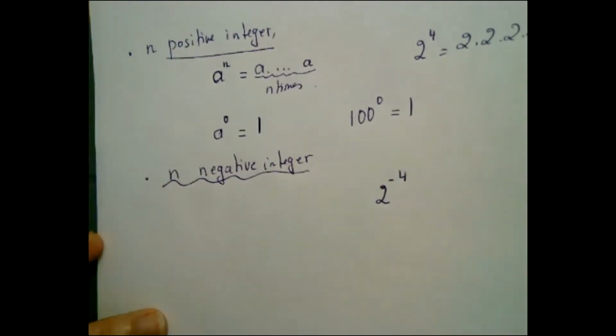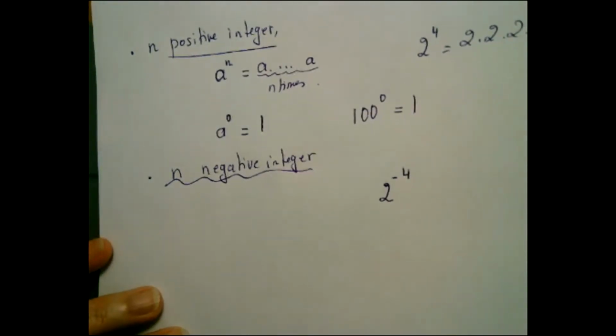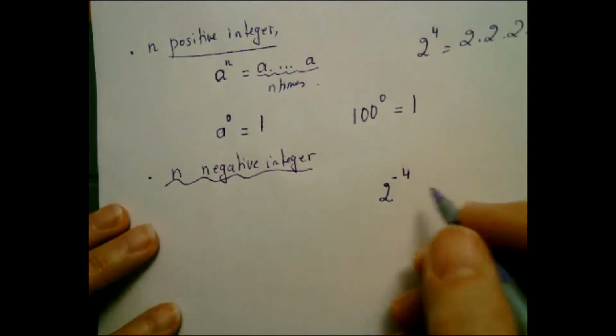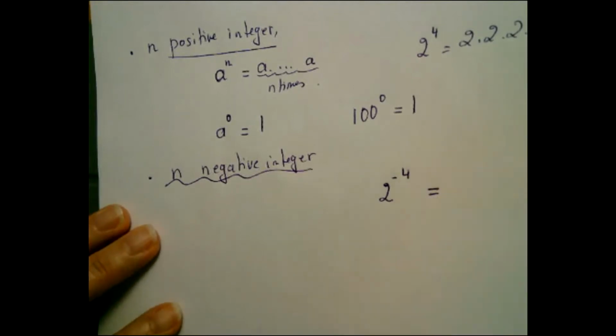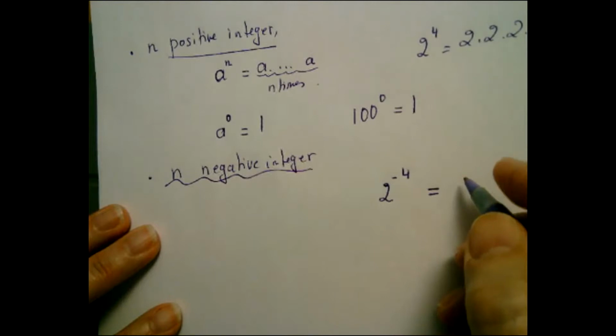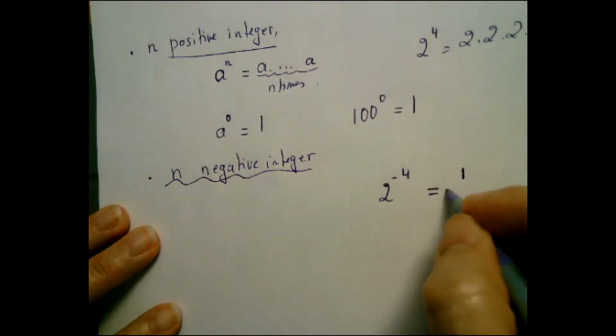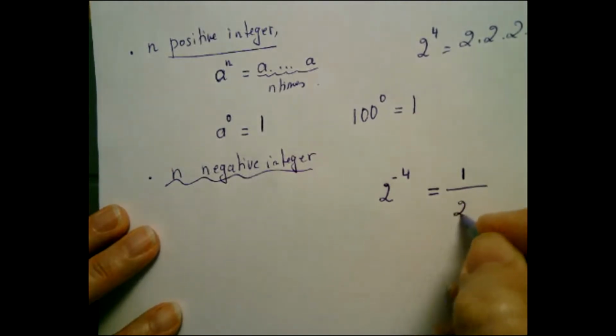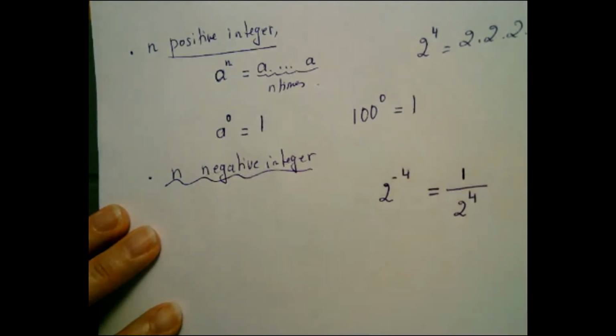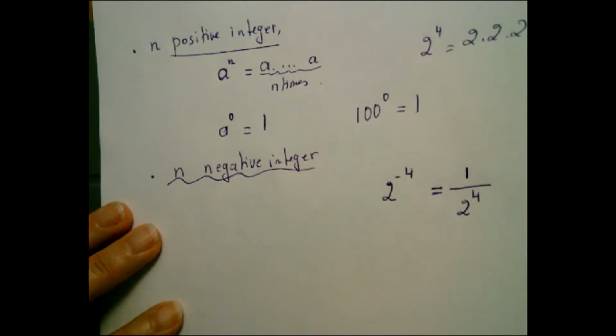Crucial for us. Anybody remember? What's a negative exponent? 2 to the negative 4 means, no, not quite. It's 1, we don't change the sign. It's 1 over 2 to the positive 4, which is 1 over 16.